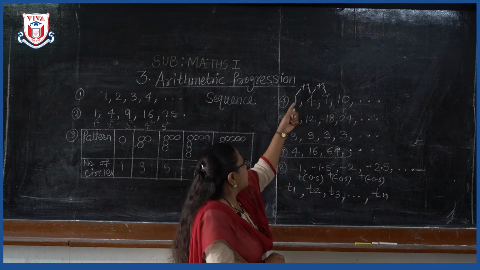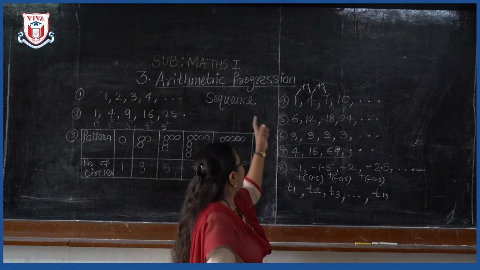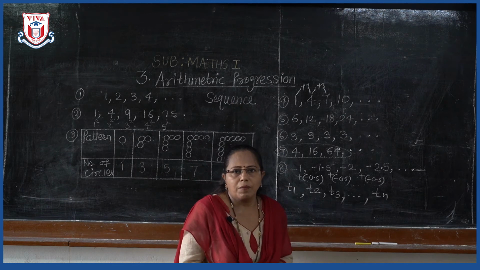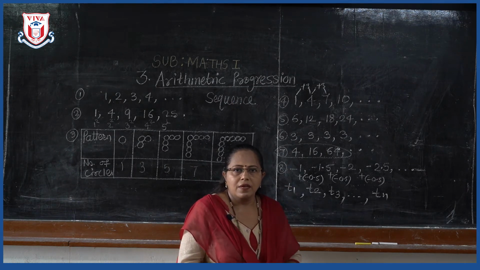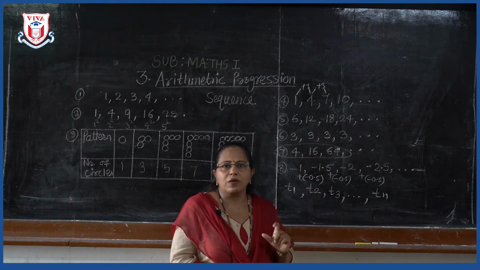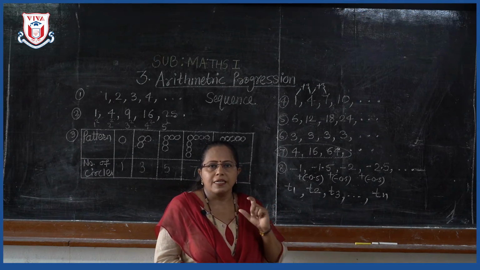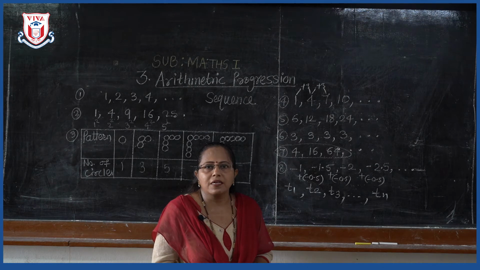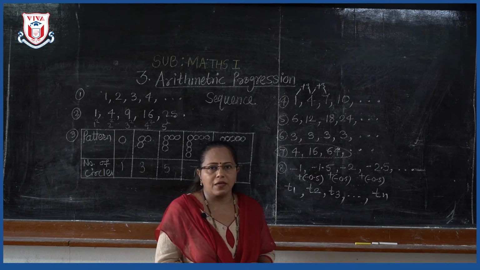And that's why these sequences are called arithmetic progression. In a sequence, if the difference between two consecutive numbers is constant, that sequence is called an arithmetic progression.